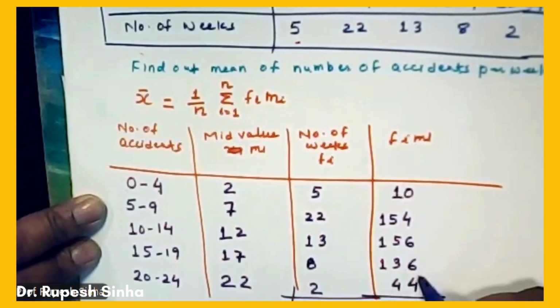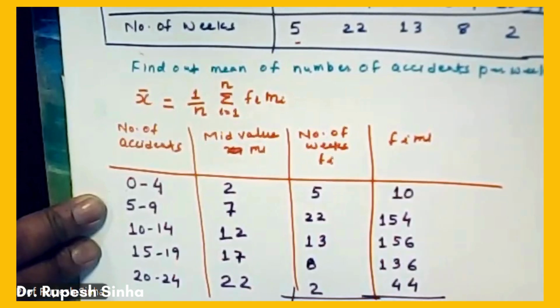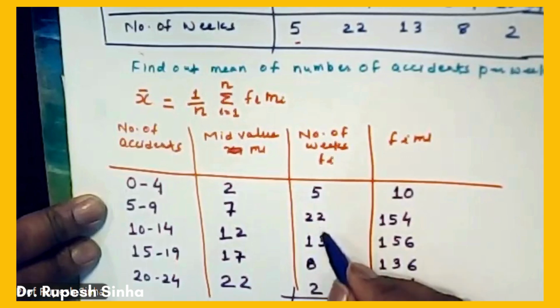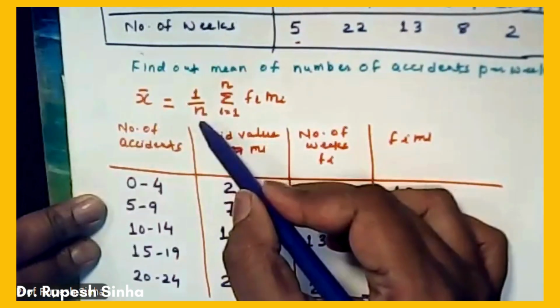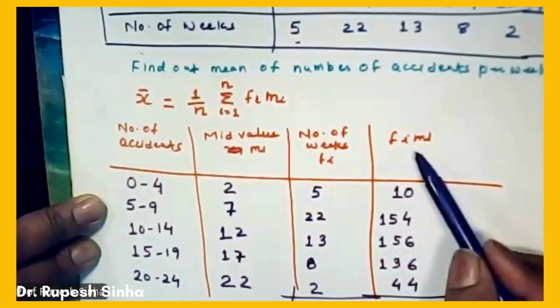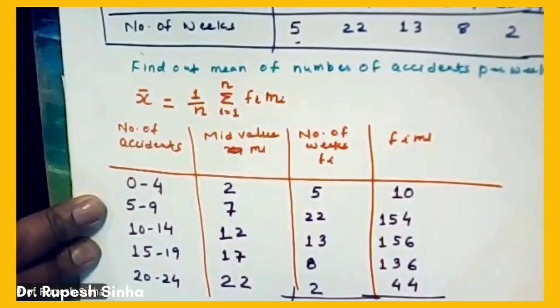So let us add this. This is 0, 0 and 5. This is 500. And this 8 plus 2, 10, 5 plus 3, 10. This is going to be 50. So we got the value of n as 50 and the value of summation fi mi as 500.